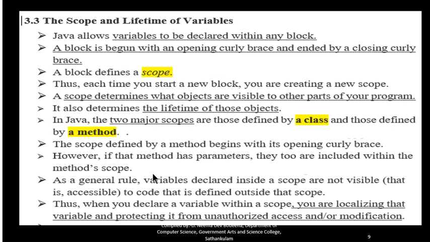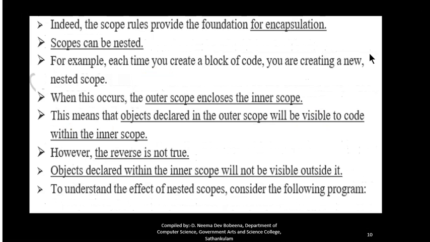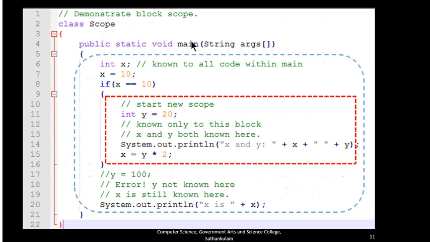The next portion is scope and lifetime of a variable. Java allows variables to be declared within any block. What is a block? A block begins with an opening curly brace and ends with a closing curly brace. Here we can say that it's a program, so this is a block.